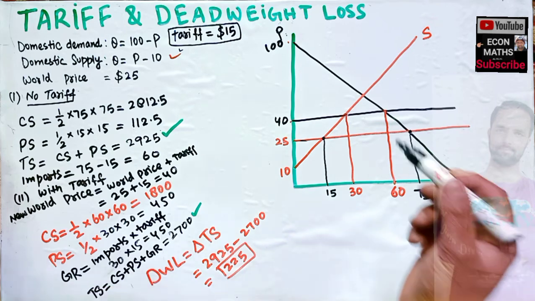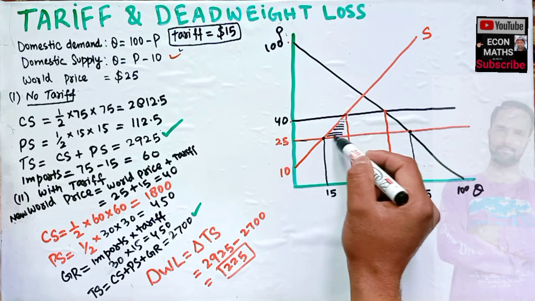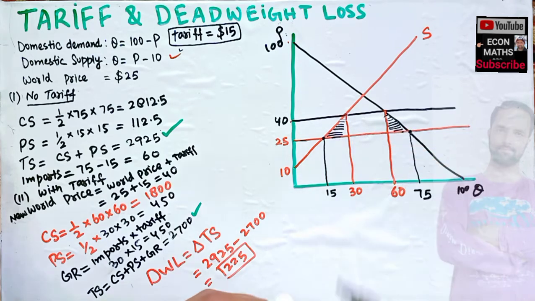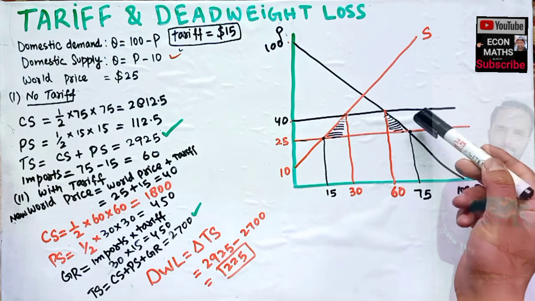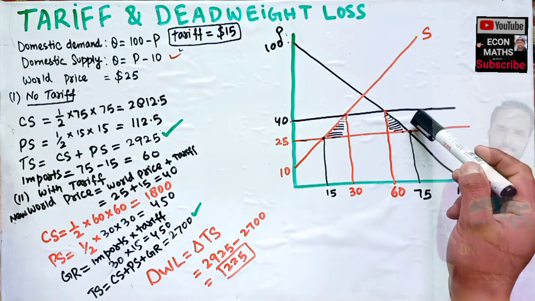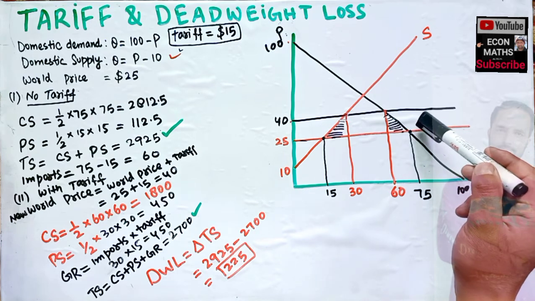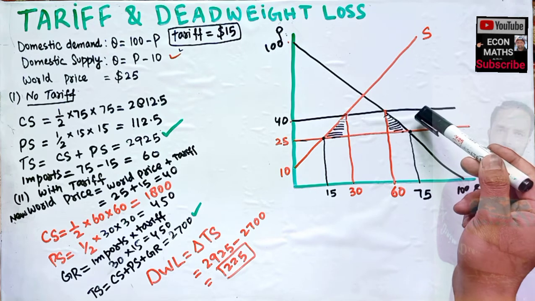Graphically, deadweight loss is the area of this triangle and this triangle. These two triangles denote our deadweight loss. So how can we interpret this triangle? It shows the reduction in consumption associated with tariff, and it creates deadweight loss.